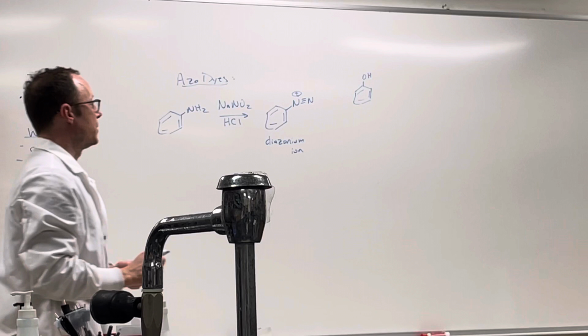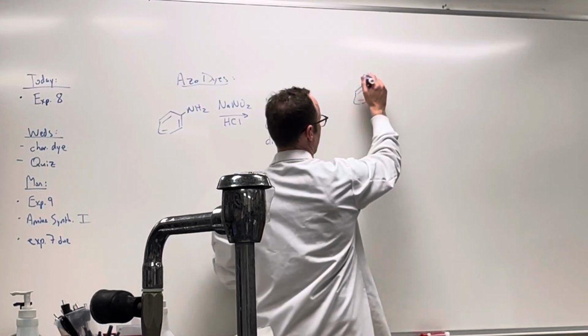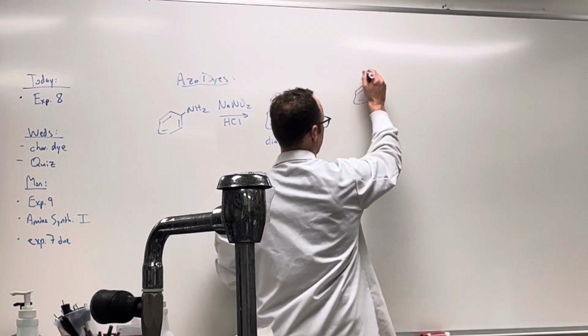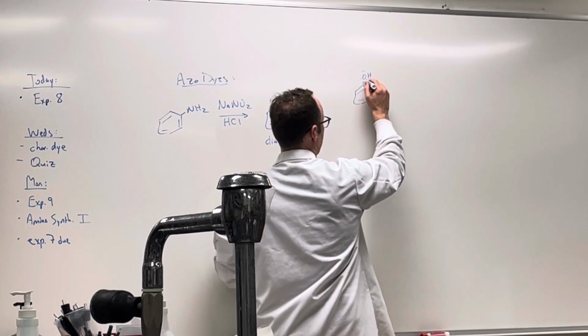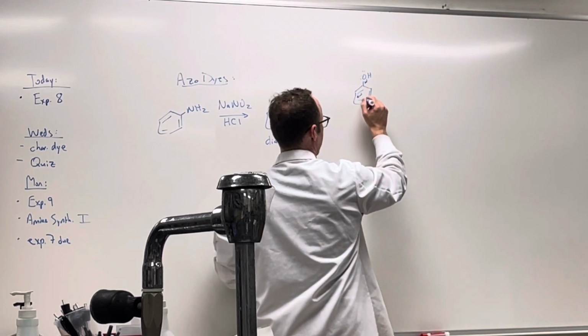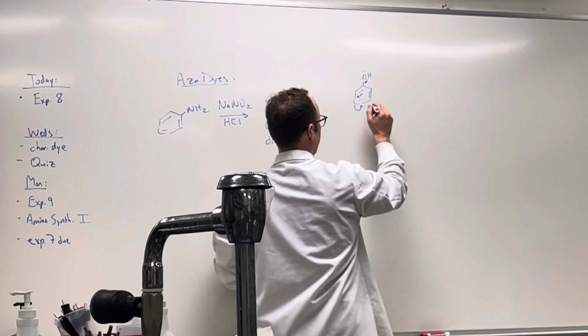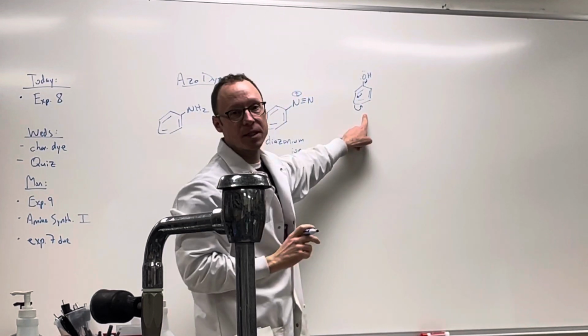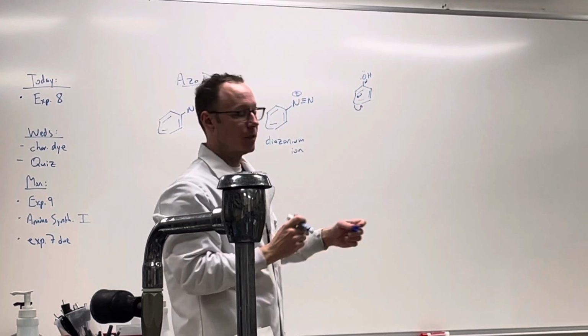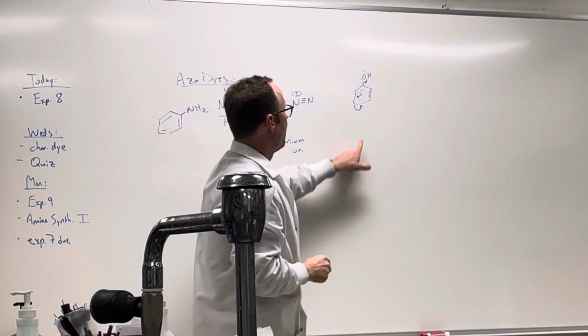And what that's going to do, if you think about resonance forms, that negative charge here kind of localizes at the para position, ortho and para, but usually more often para.